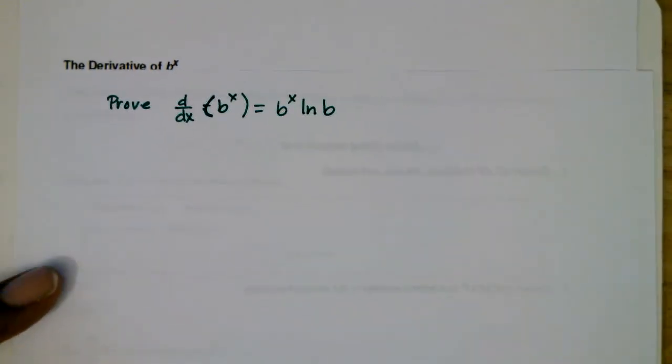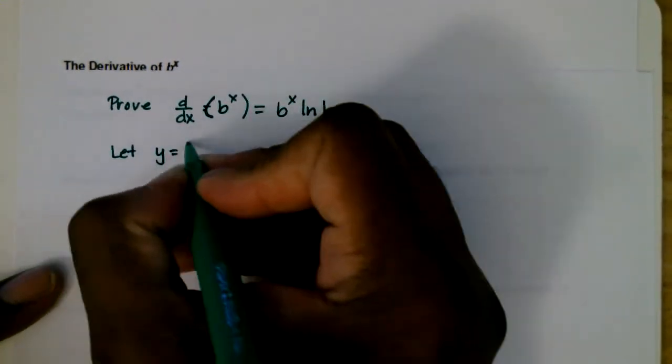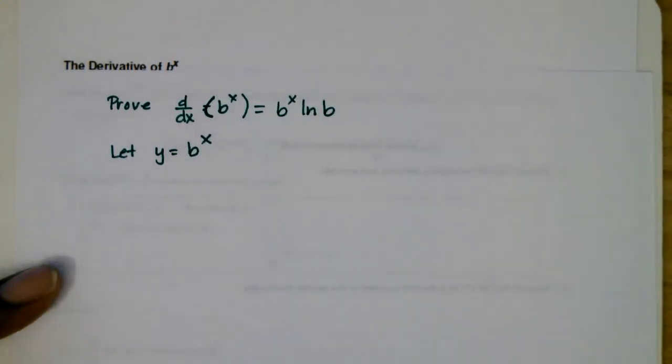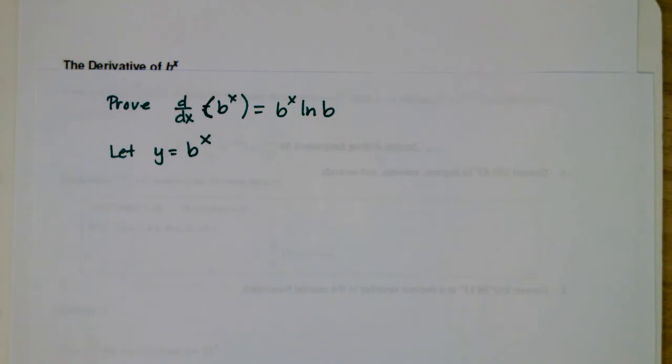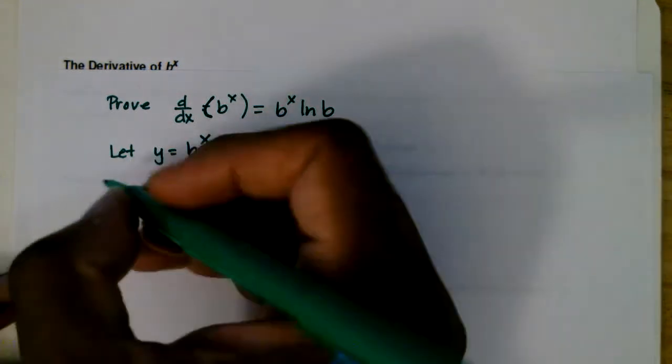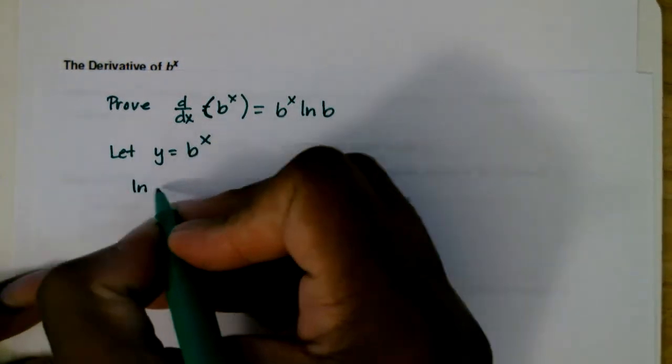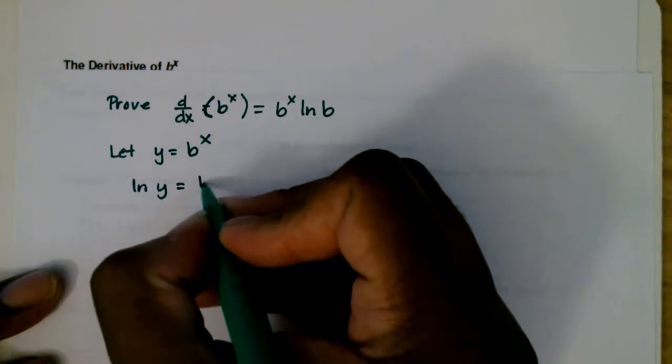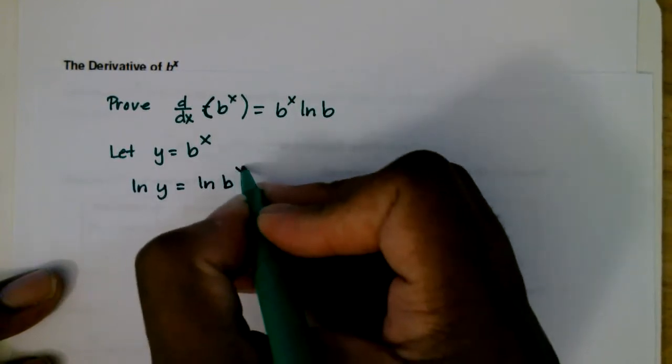All right, so in this case here, I'm going to let y equal b to the x. Now, the best way to get anywhere with this is to take the natural logarithm on both sides. So what I'm going to do here is take the ln of the left side and the ln of the right side.